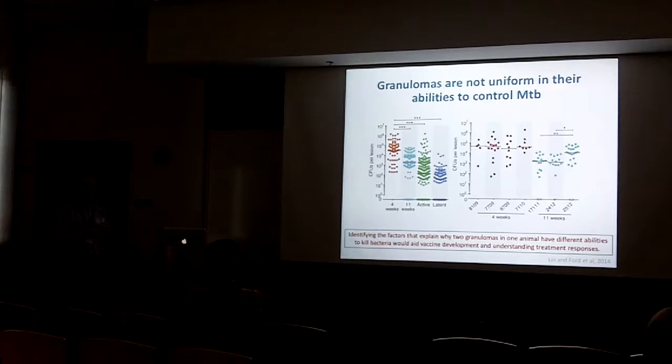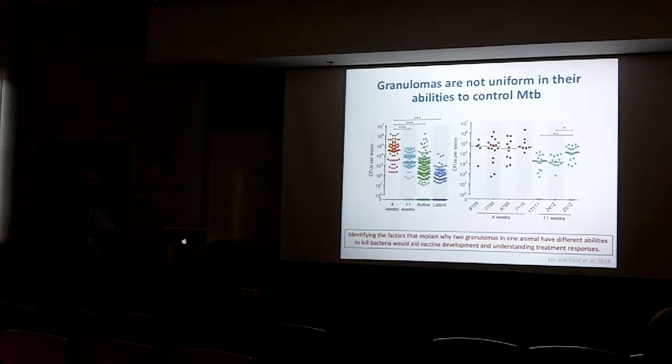But what's really interesting is that if you look at this graph, each column represents a different animal, and every dot represents a granuloma. So you've got granulomas in this one animal here, for example, that have pretty high bacterial burdens. But in the same animal, you've got granulomas that are completely sterile.